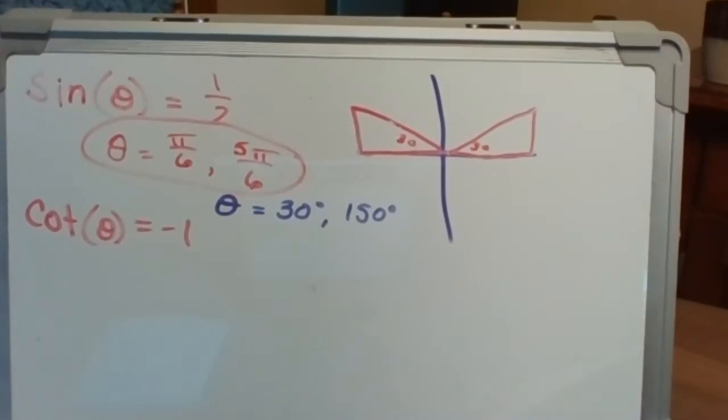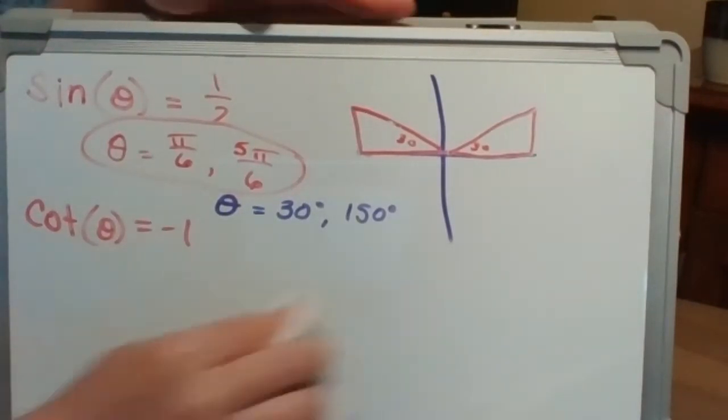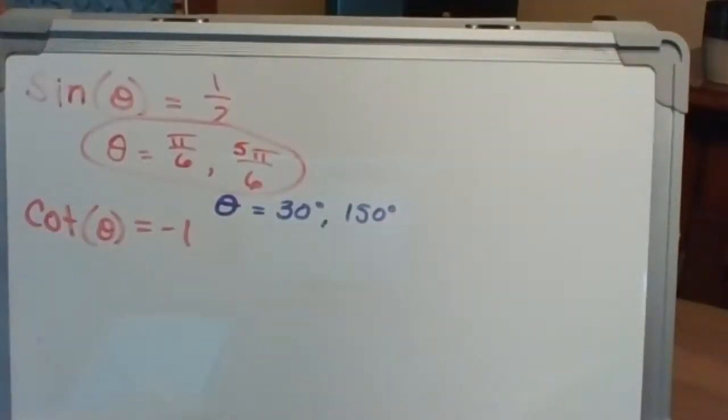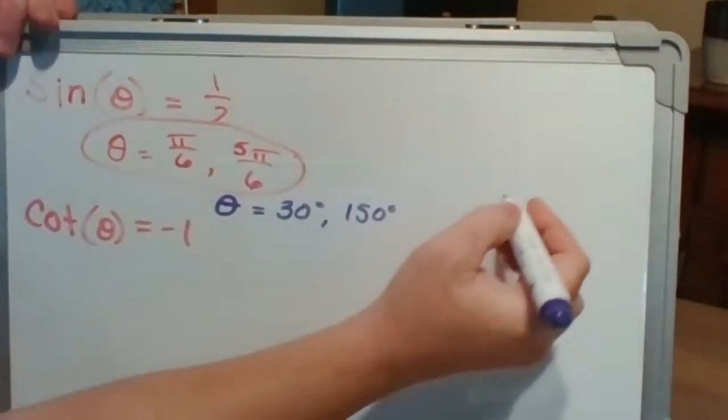The 45, 45, 90 triangle. So this tells me 45-degree reference angle. Cotangent is negative. That happens when the x and the y values are opposite signs, and that happens in quadrants 2 and 4.